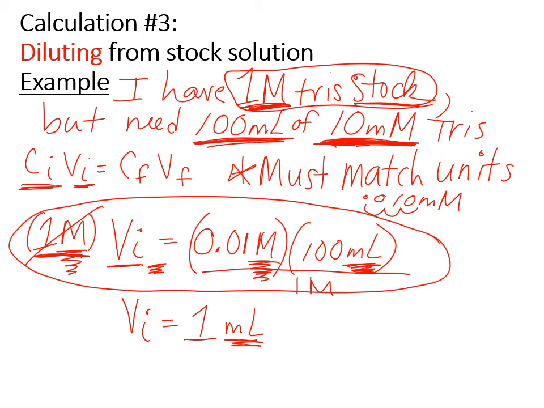If you get the final V1 wrong, then okay, you're not that great with calculators, but at least you understand the concept of how do I solve for V1? How do I use this formula? Okay, if you have any questions on how to tackle diluting from stock solution, please contact me in the Remind app, especially while you're doing the post lab and practicing with problems.